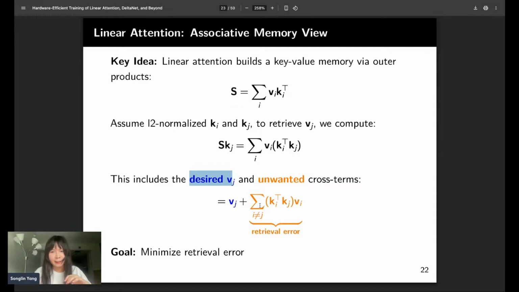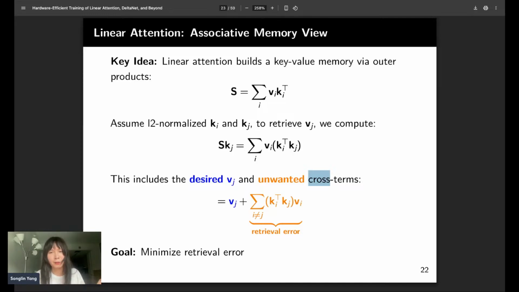But because this associative memory has other key-value association pairs, we have some unwanted cross terms, colored in orange. I refer to this cross term as the retrieval error, because it is the term we do not want from this recurrent memory. If we want to do perfect retrieval, all of the key vectors should be orthogonal to each other.